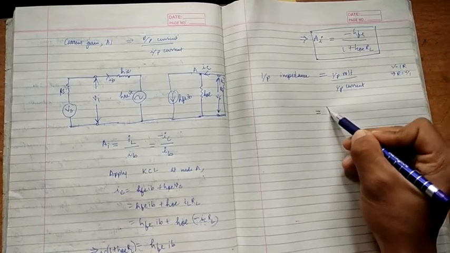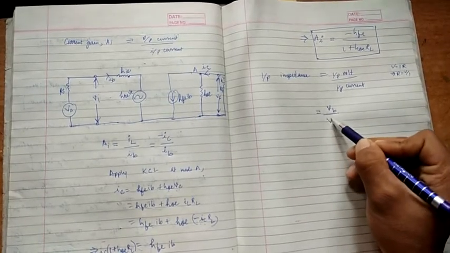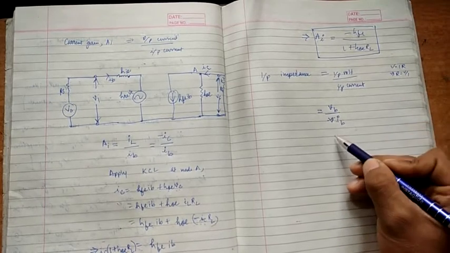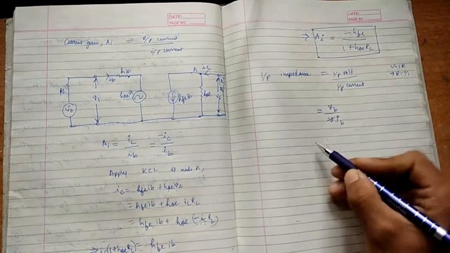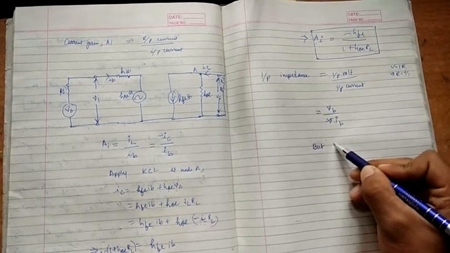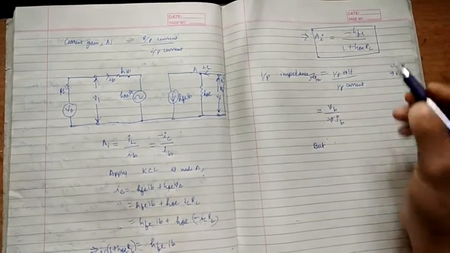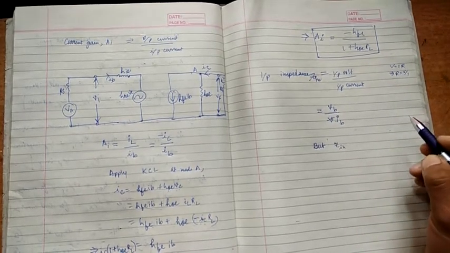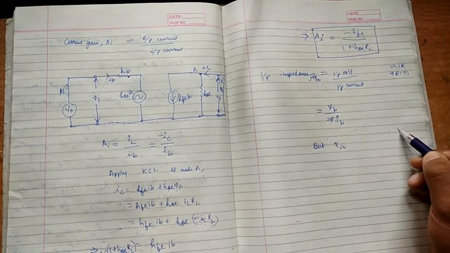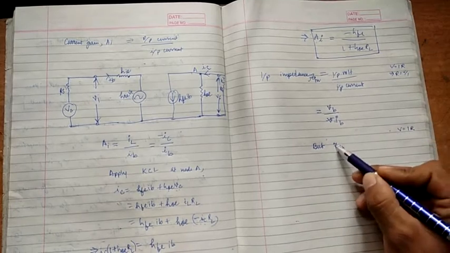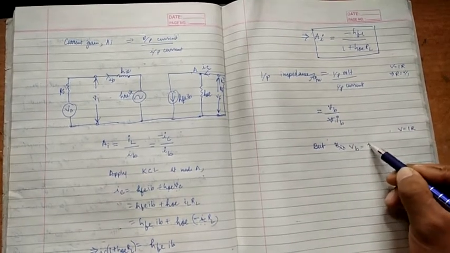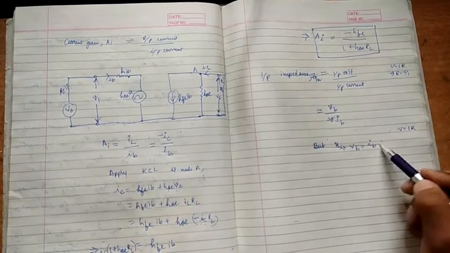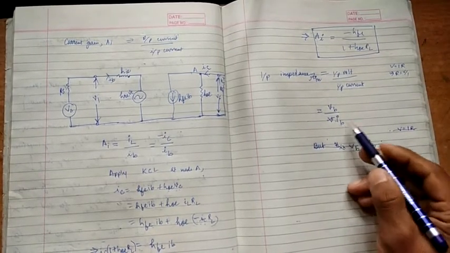Input voltage is VB, input current is IB. So Zin equal to VB by IB.